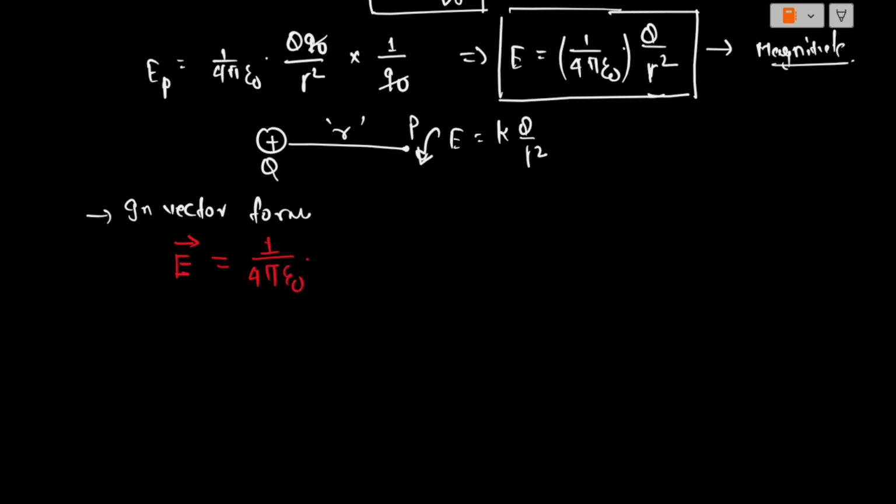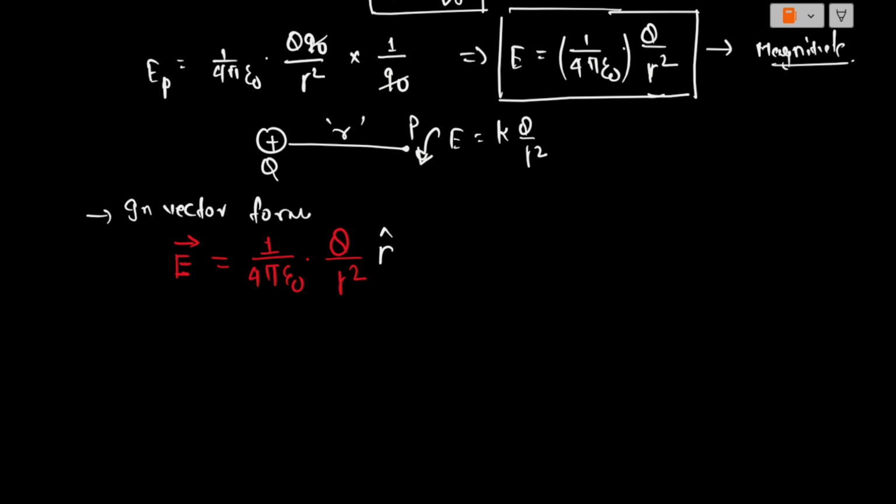Since we are taking the vector form, we must multiply it by the unit vector of distance. What is the unit vector of distance? This would be r cap, right? So this is our final formula for the electric field in vector form.